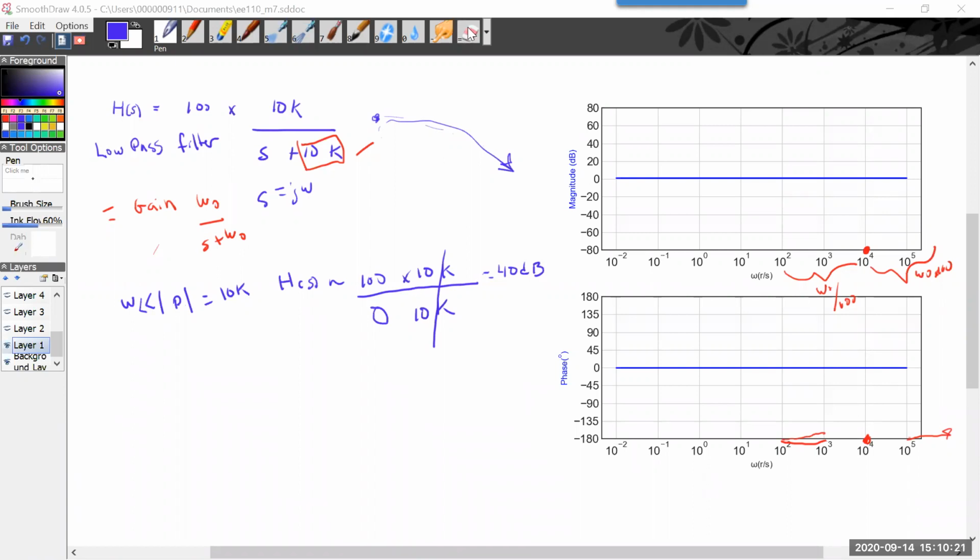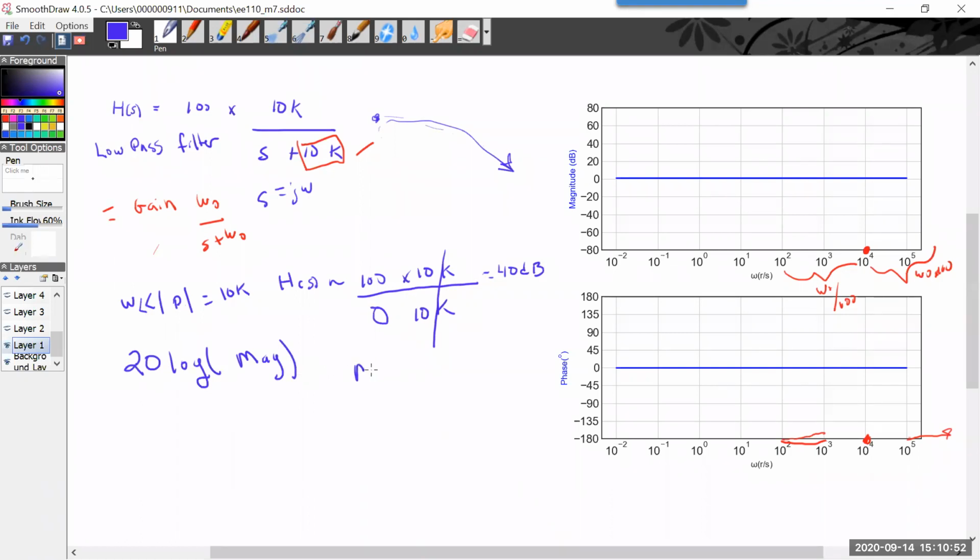I also have a quick question, not quite as deep: why is it equal to 40 dB? Where do we get that number? Well, the magnitude on a Bode plot, you take 20 times the log of the magnitude.